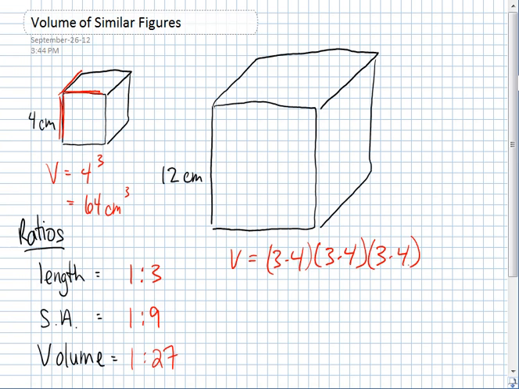In other words, I'm doing 3 times 3 times 3, which is 27 times 4 cubed. Okay, so just again showing you that it does actually work out.